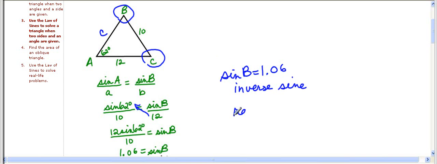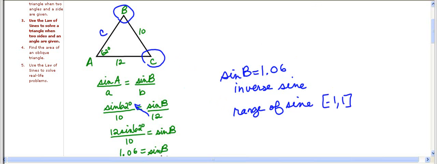Do you remember the range of sine? It is -1 to 1. So is there an angle whose sine is 1.06? No, this is impossible. So there is no triangle that has these conditions.